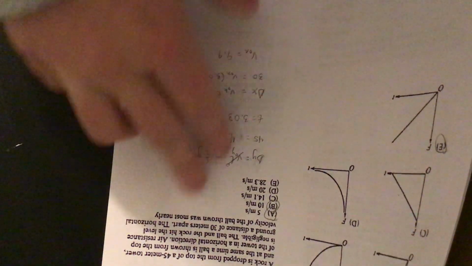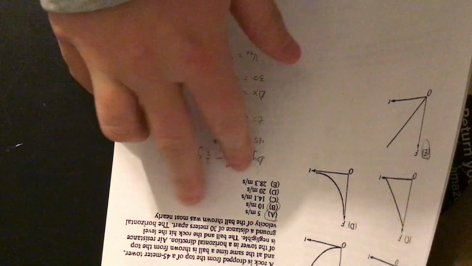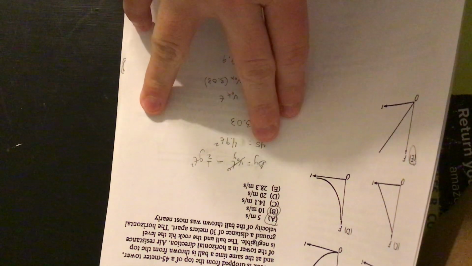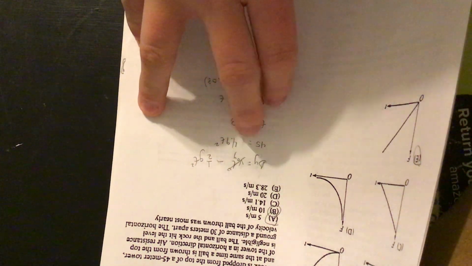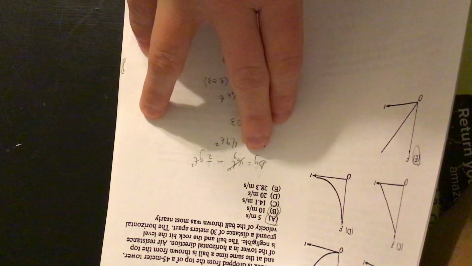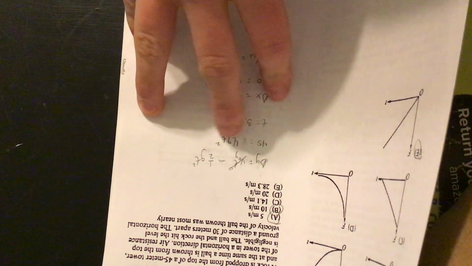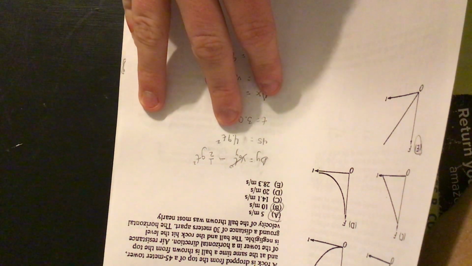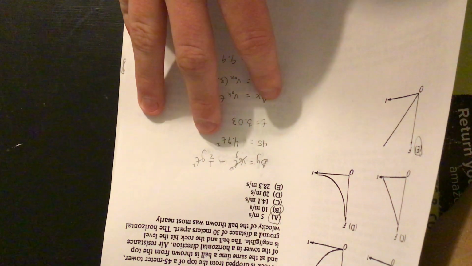Alright. 22. So, the horizontal velocity of the ball thrown is most nearly what? We find the t using the y value, so delta y, 45, equals 4.9 times t squared.